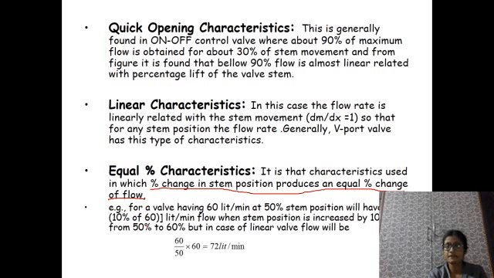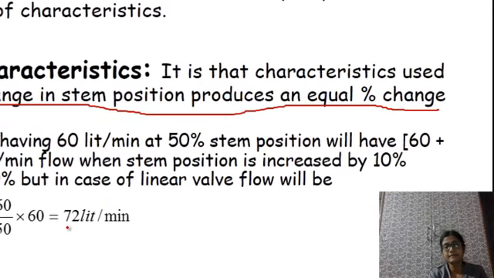But in case of linear valve, 60 liter per minute was the flow rate at 50%. For 60%, that will be 60 by 50 into 60, and that value is 72 liter per minute.